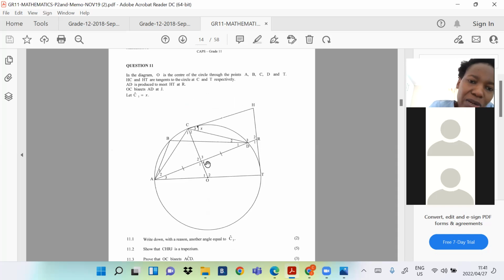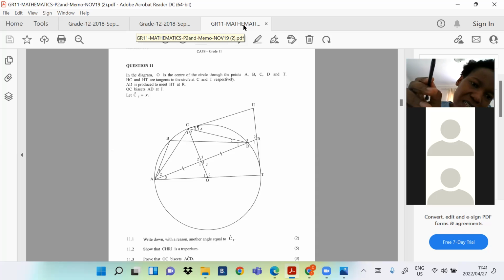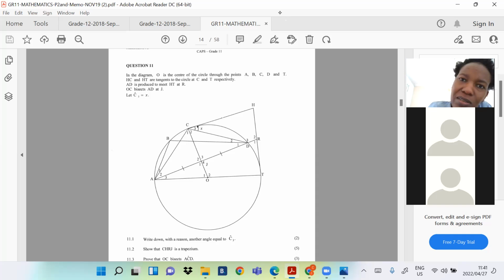I don't see angle at the center and at the circumference on this one, subtended by the same thing. Let's see, I'm seeing something. Can you see this is the center? You see this is at the center.